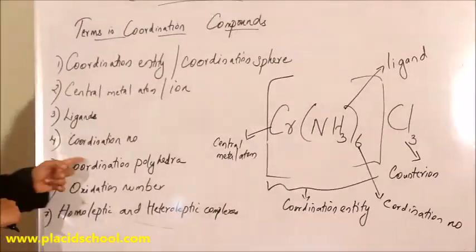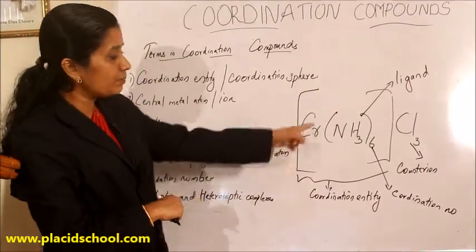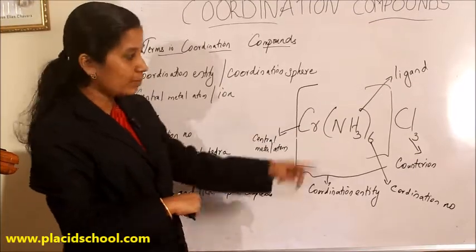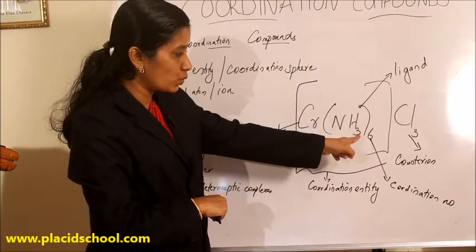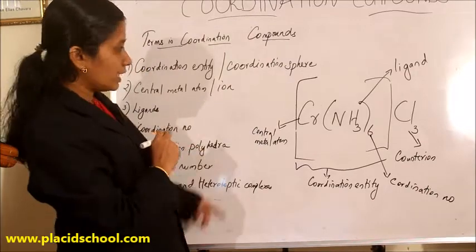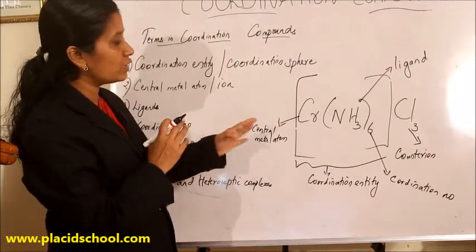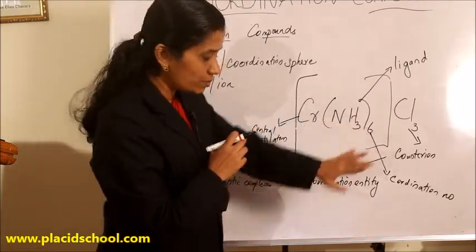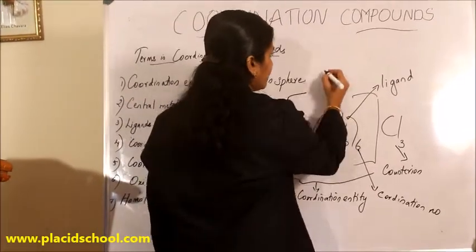And fifth one, coordination polyhedra. It refers to the spatial arrangement of the ligands around the central ion. Geometrically, 6 NH3 ligands are there, so it has octahedral geometry.